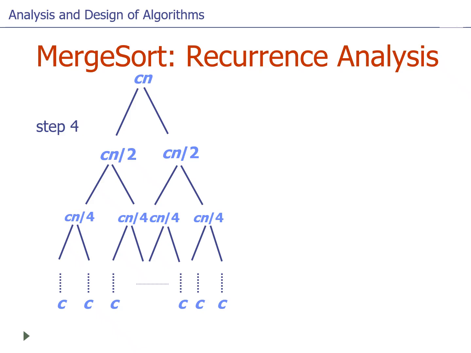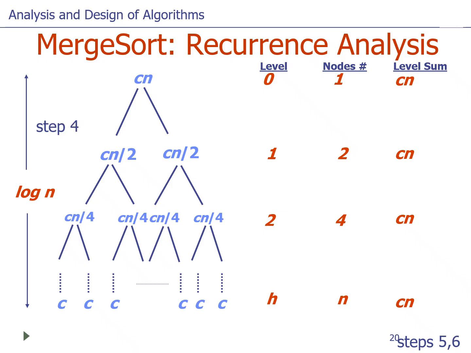An array of size 1 is sorted, so I'm just going to return. So this tree, you can continue expanding it as much as you like, but at the bottom of the tree, you will reach a constant. In the case of merge sort, it's going to be 1. In the case of other algorithms, it might be something else, but it doesn't matter. It's going to be a constant.